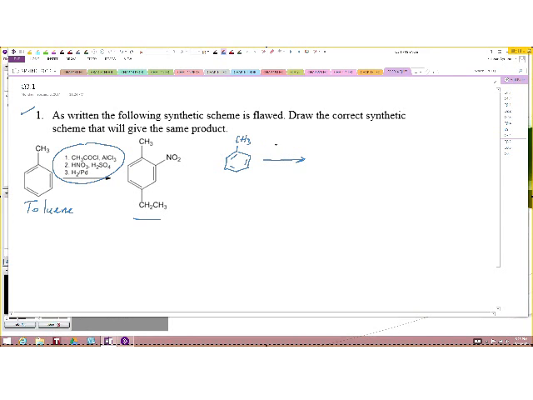In other words, we are taking this reagent, an acid chloride, in the presence of aluminum chloride as a catalyst. What product do you expect us to obtain?